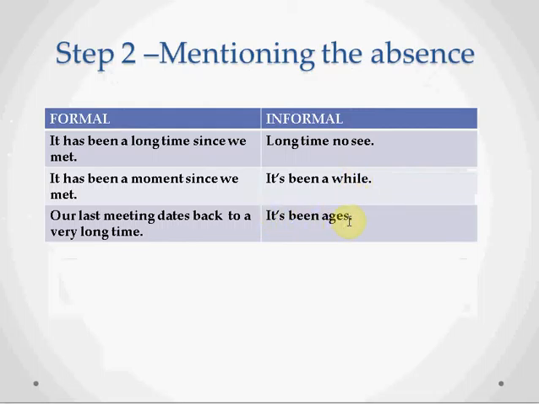If we're using the expression it's been ages, ages here means it's been a long, long, long time. Okay? So we can use all three expressions to let the other person know that we think that the time that has passed since we last met has been quite long.